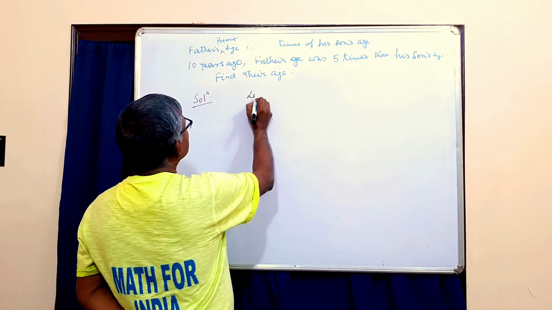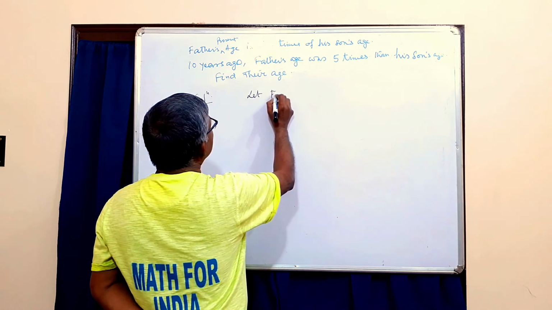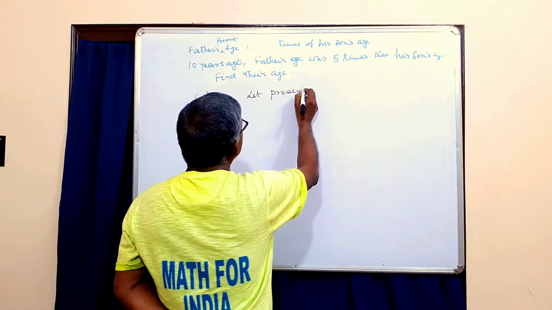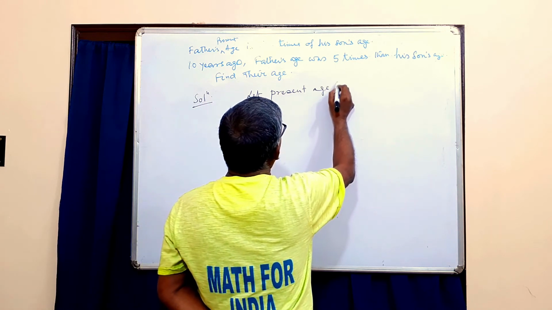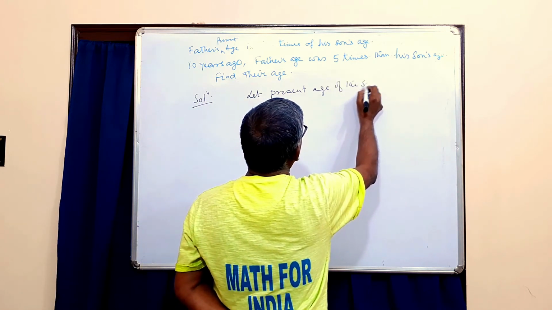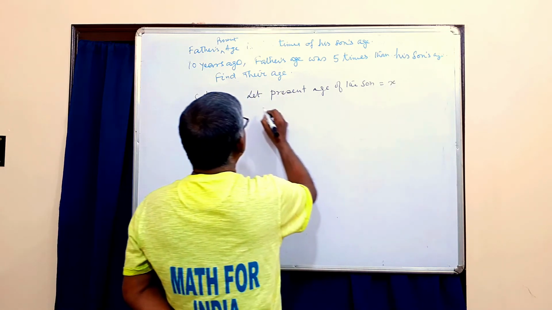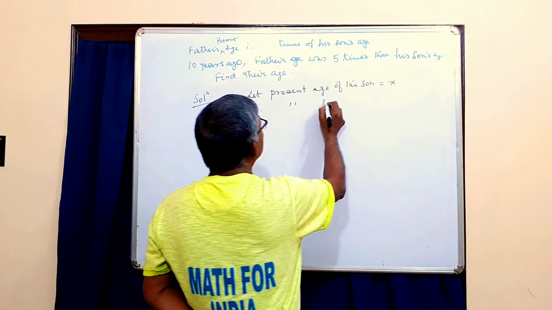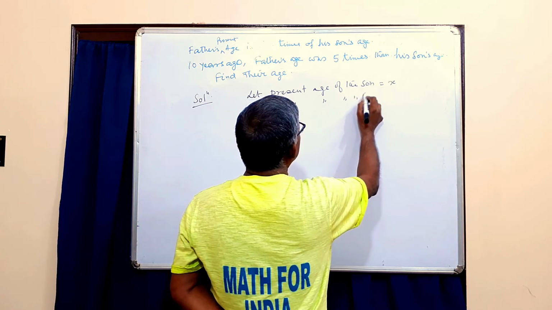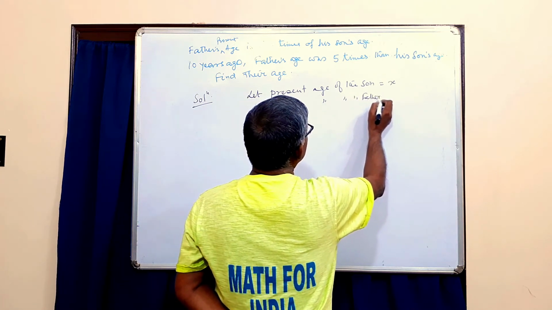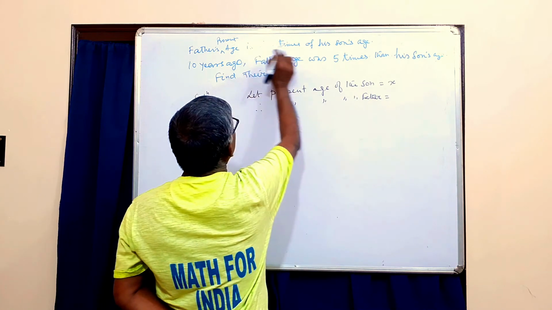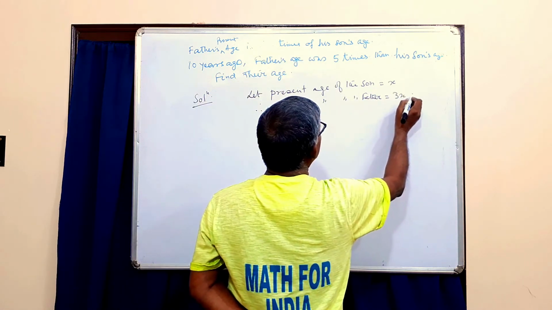Let present age of the son equal x. Therefore, present age of the father equals 3 times x, 3x.